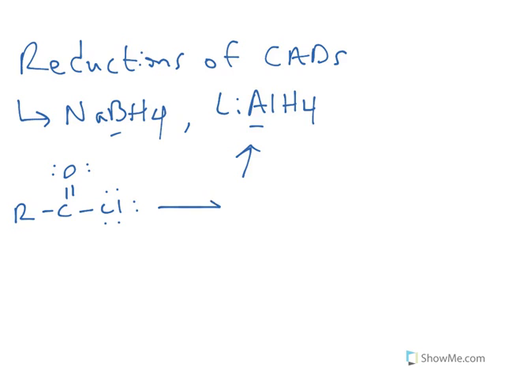That's the essence of these reactions. I need sodium borohydride. What we're going to get is nucleophilic addition elimination. So we lose the chlorine and we put hydrogen in its place.